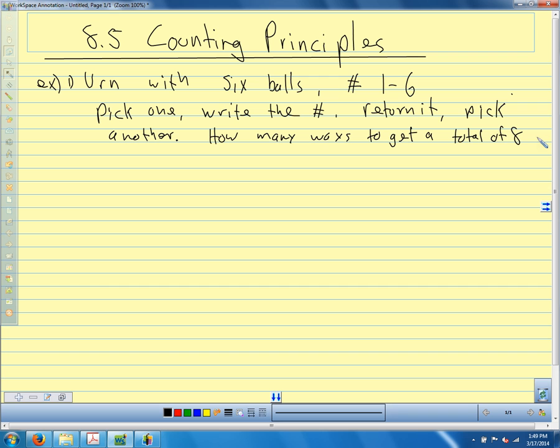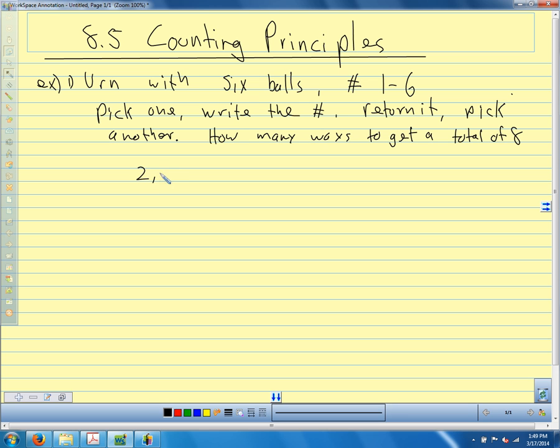How many ways can we get 8? What are the combinations of the numbers 1 through 6 that are going to give us 8? We only have numbers 1 through 6. Let's start with the lowest number.